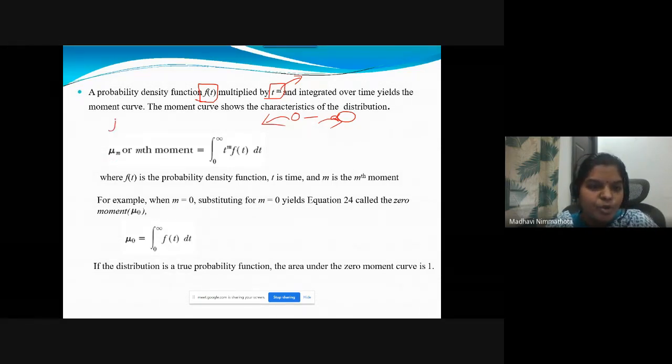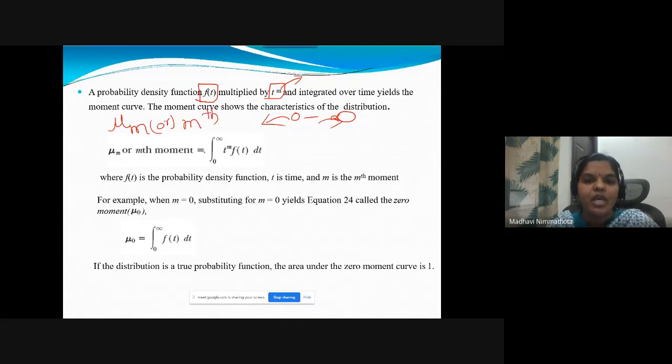This is the mth moment, mu of m, equals the integration from 0 to infinity of t to the power of m, f of t, dt.